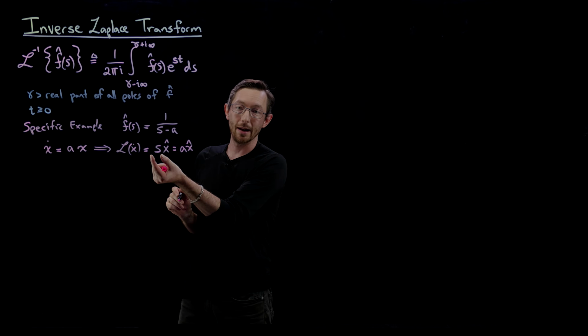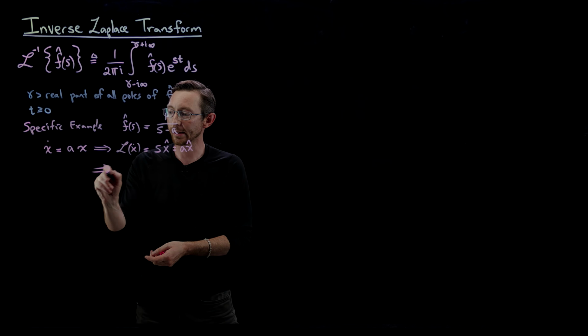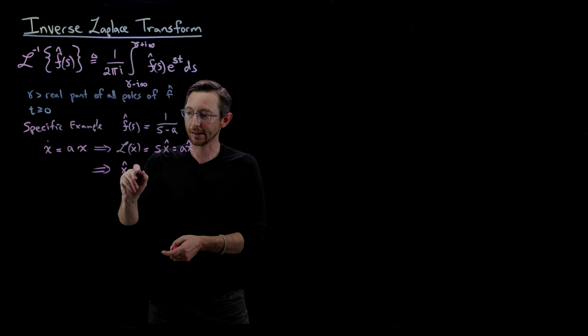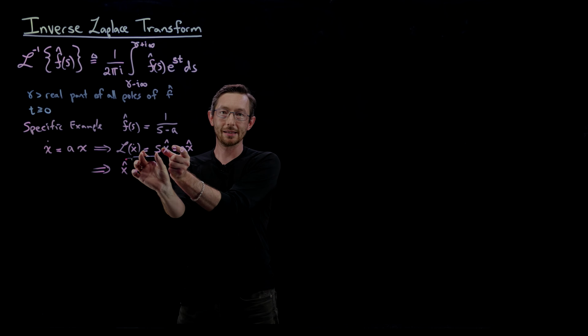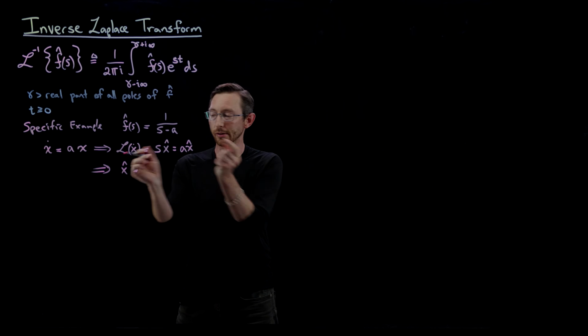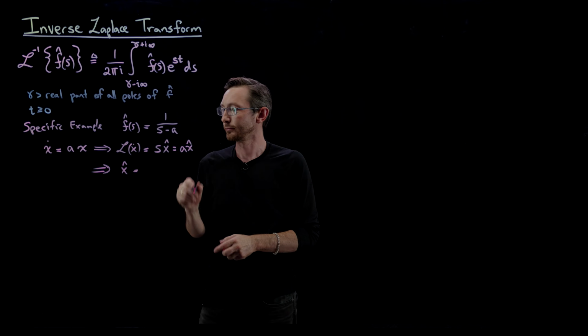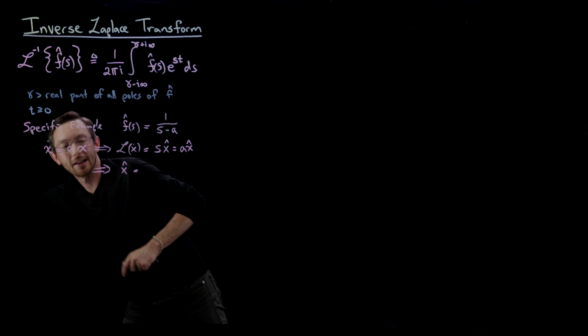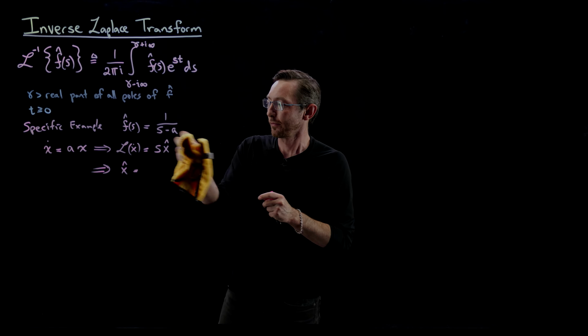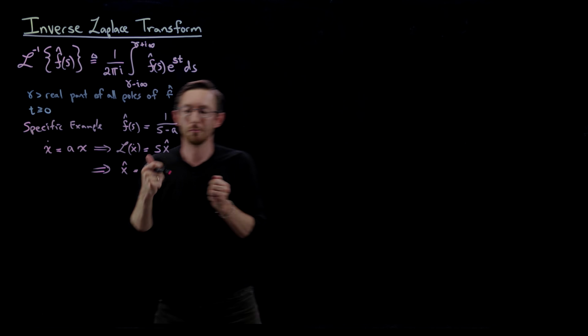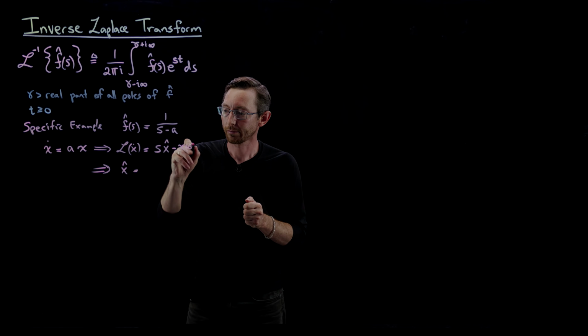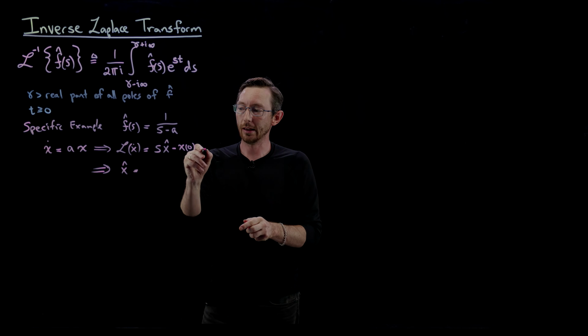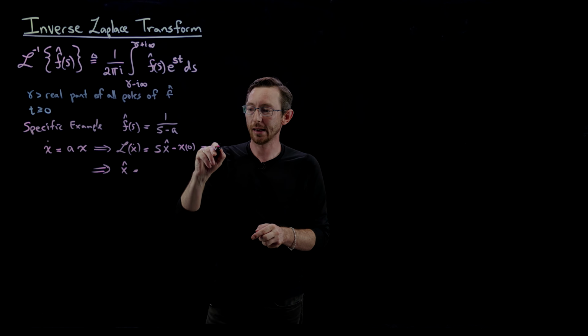And if I collect all of my x hats on one side, then I get s minus a times x hat equals, I need that initial condition, let me do this, sorry, minus x naught, and that whole thing equals a times x hat.